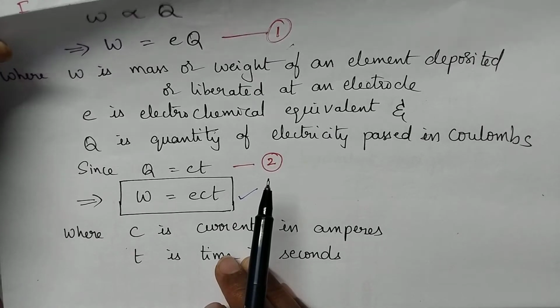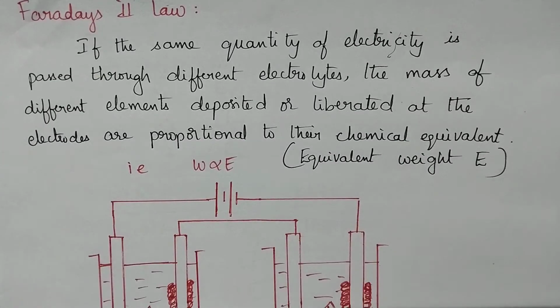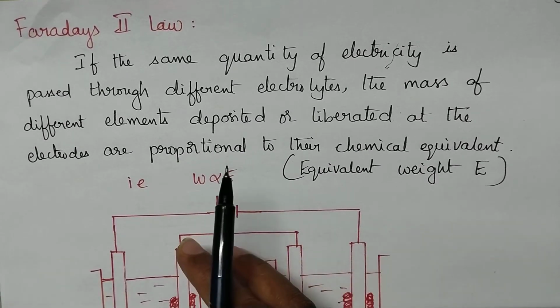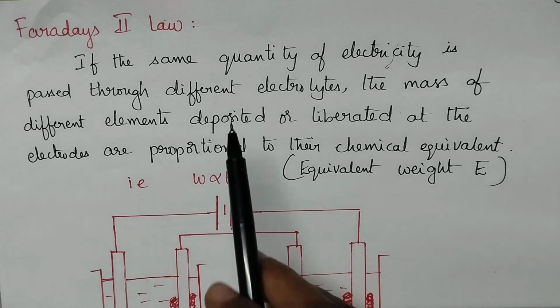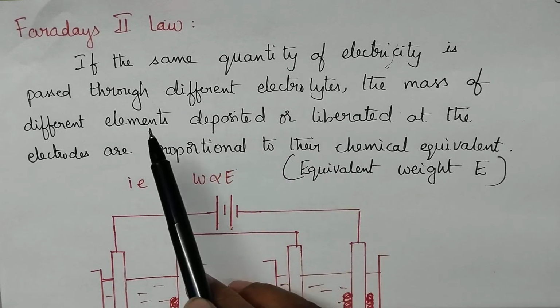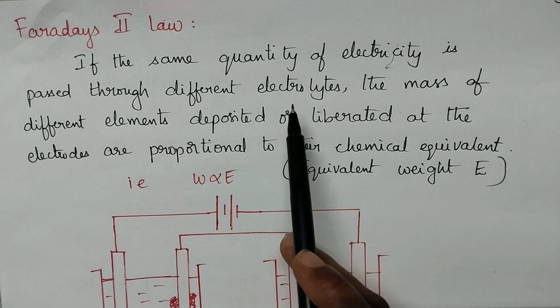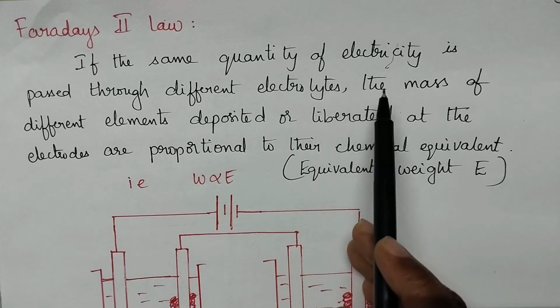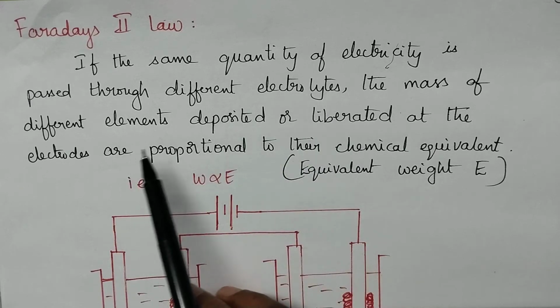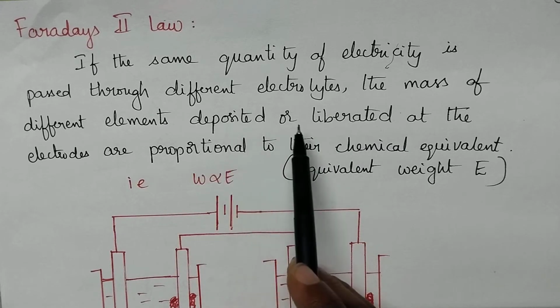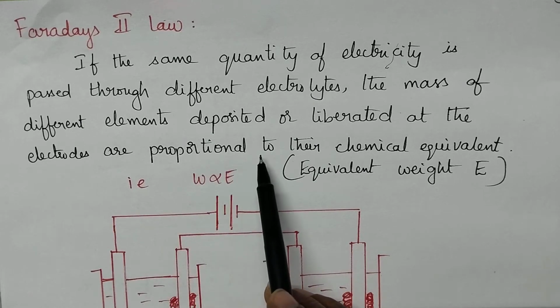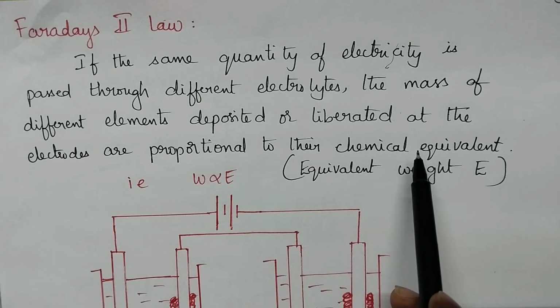Let us discuss Faraday's second law. It states that whenever the same quantity of electricity is passed through different electrolytic solutions connected in series, the masses of different elements deposited or liberated at the electrodes are proportional to their chemical equivalents.